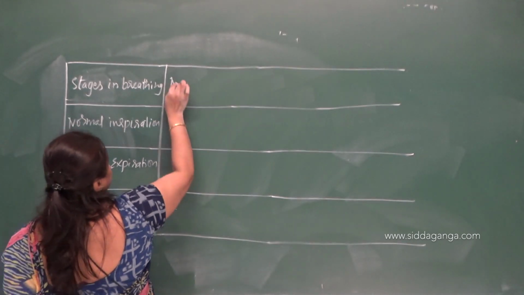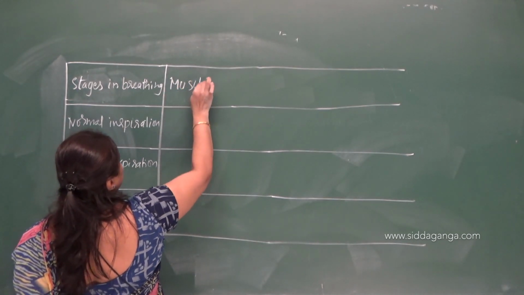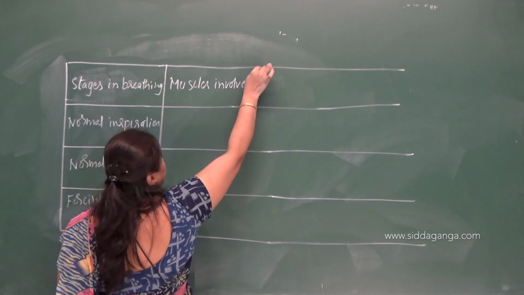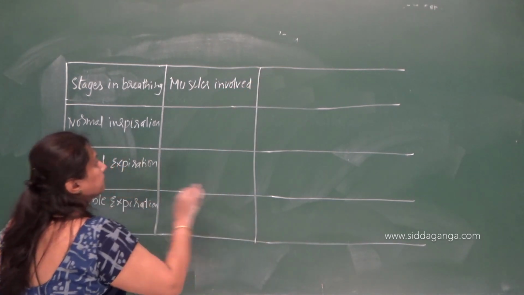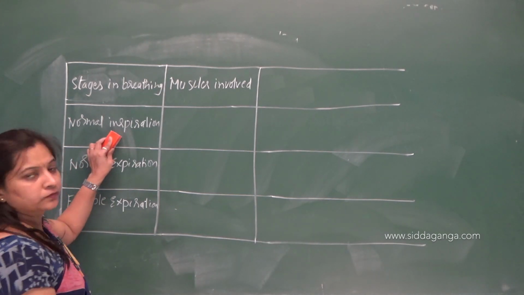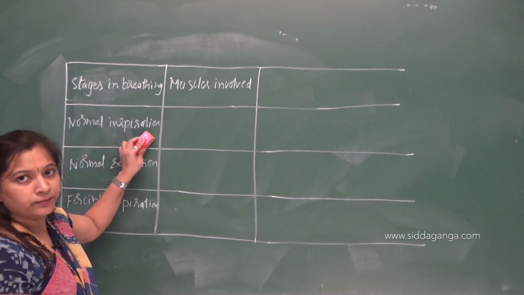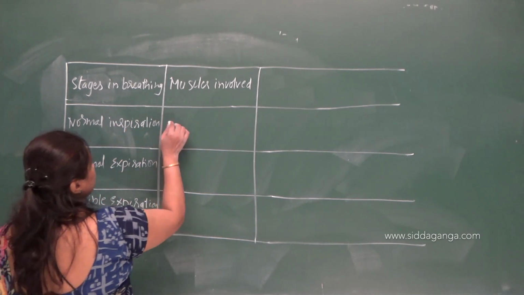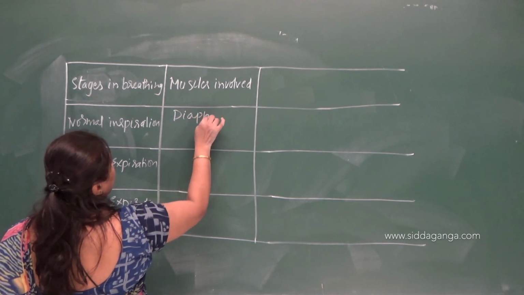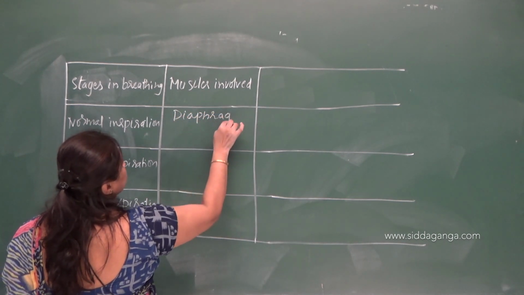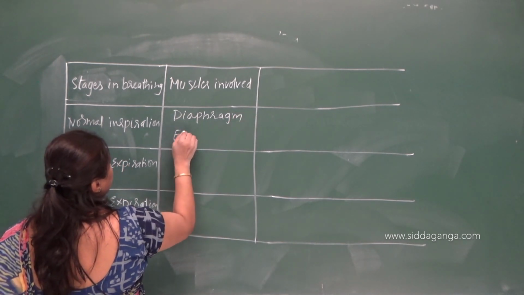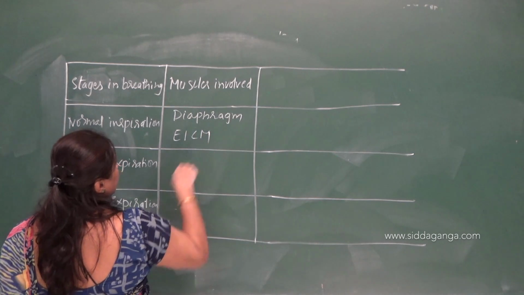Muscles involved. So tell me, which are the muscles involved during normal inspiration? Diaphragm muscles and external intercostal muscles.